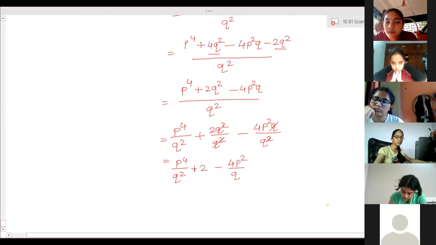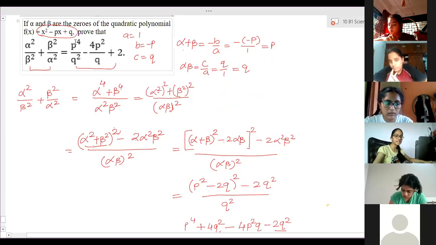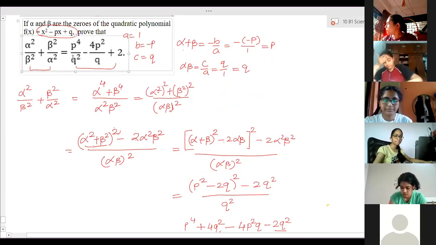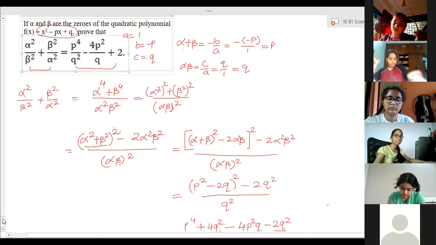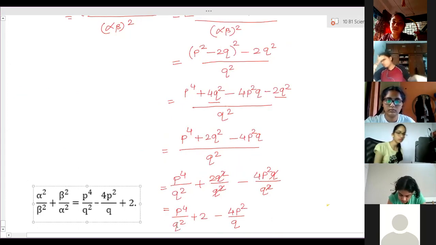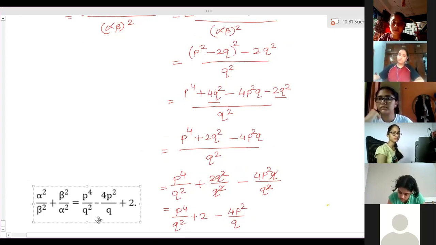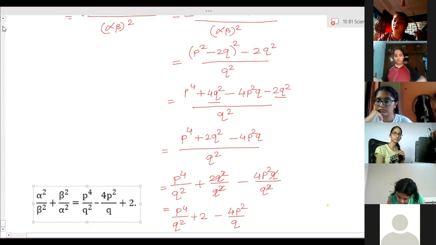This is what you have to prove. Check the question. Yes, p to the power 4 by q square minus 4p square by q plus 2, right? Ma'am, can you show the answer from the starting?